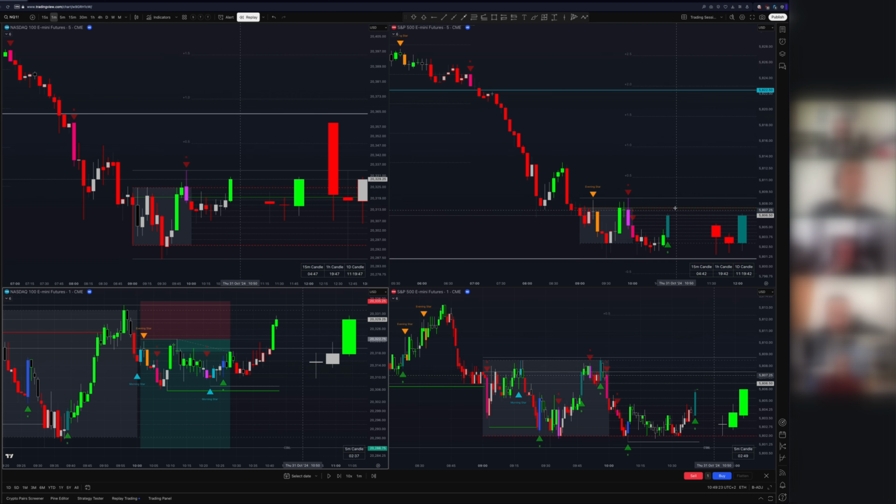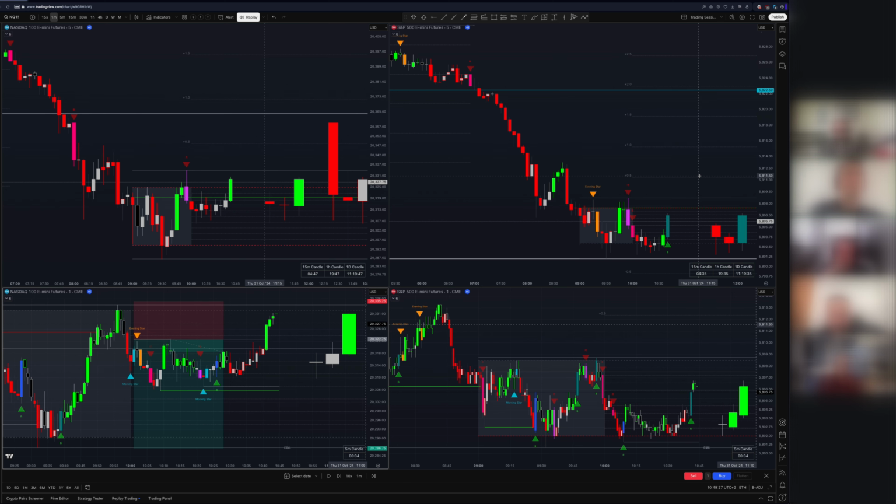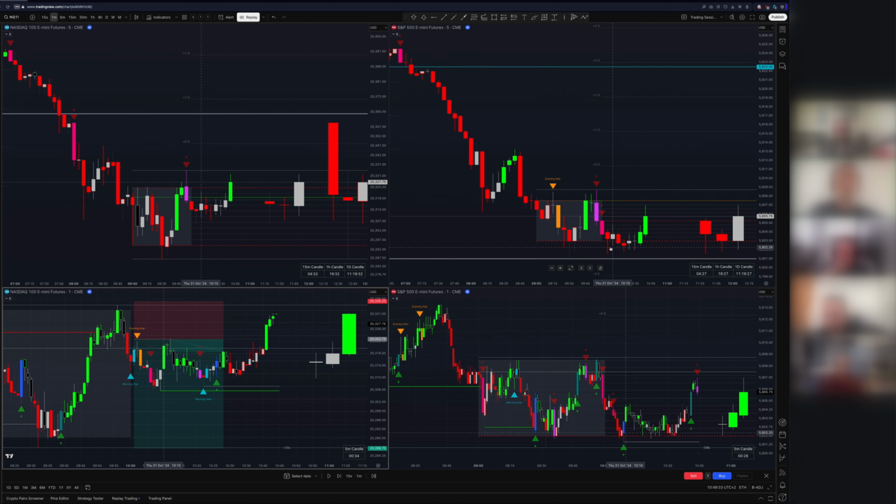Not a bad signal on the... I mean, the candle is not finished, but... Could be a nice long signal. I mean, we have like some kind of a bottom here. We didn't manage to break below. Nasdaq stayed well above the lows.